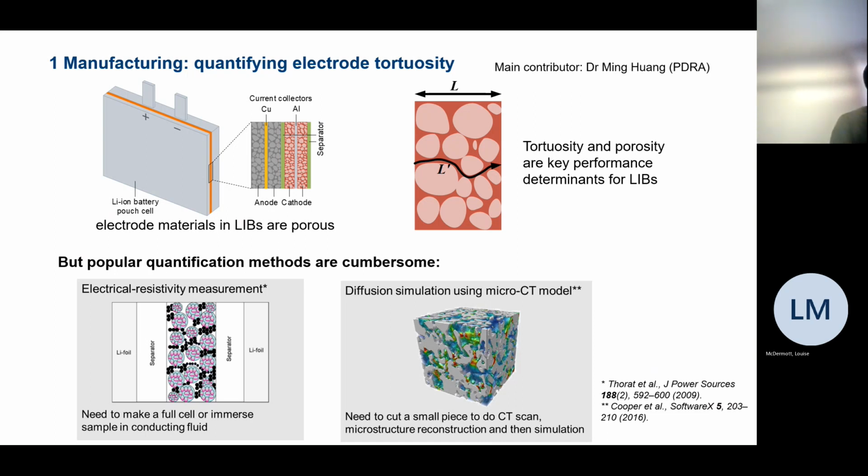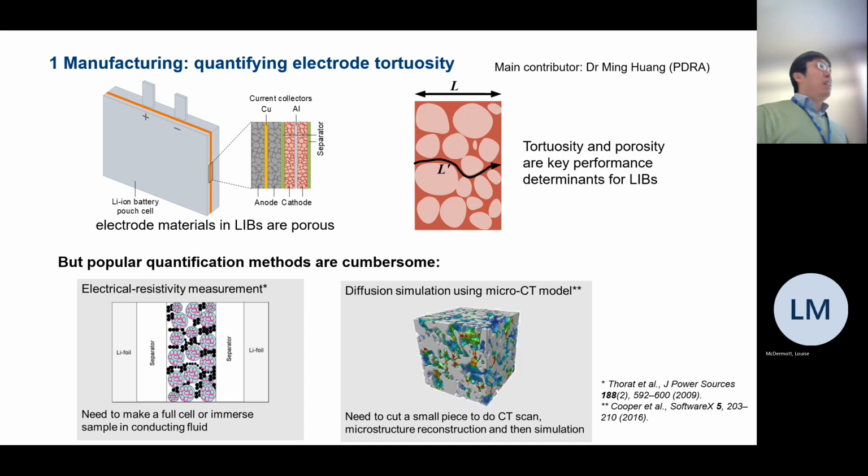And in order for the ion to go through the electrode material to reach the other electrode, it needs to go through the tortuous pathways through the particles, through the matrices, in order to perform the charging and discharging process.